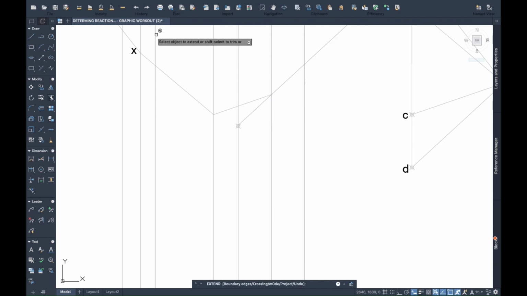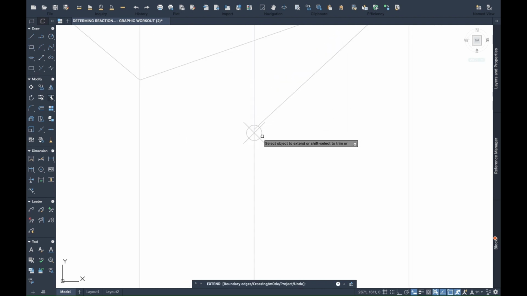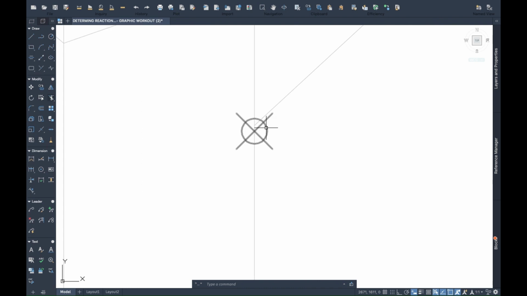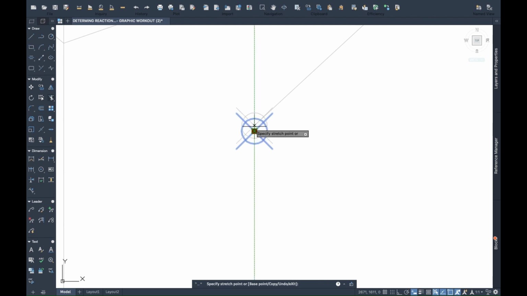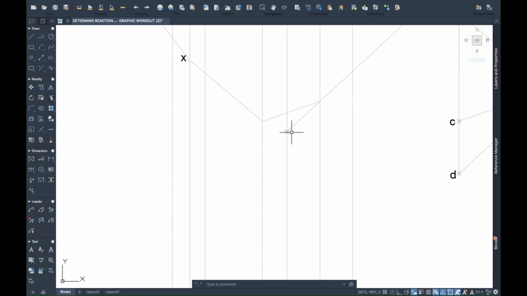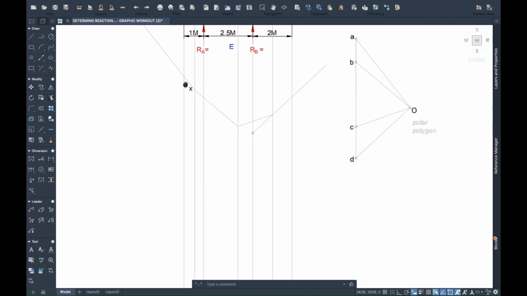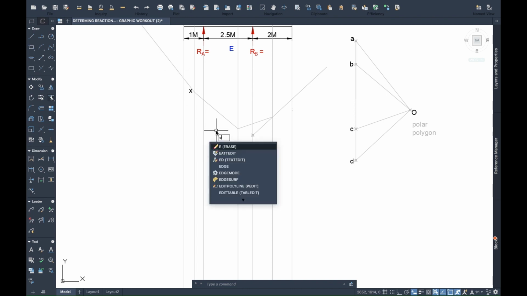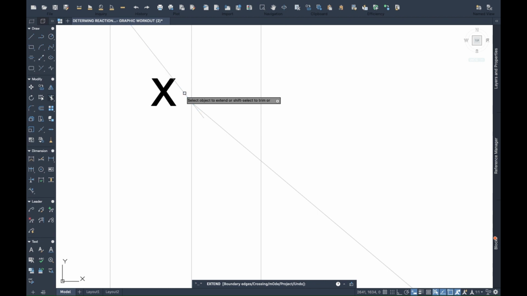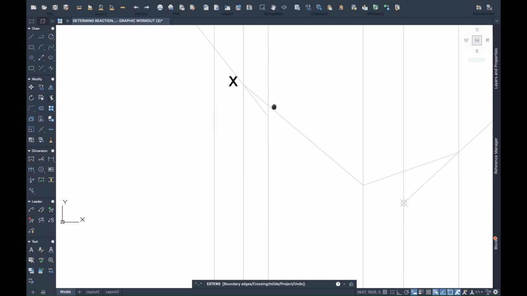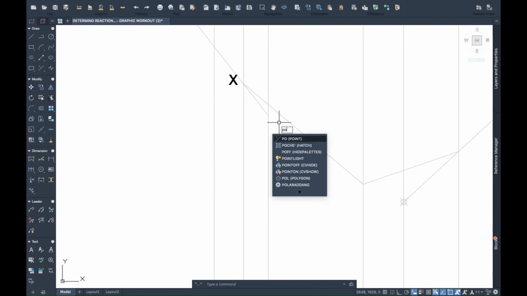Good. So let's move this point right there. All right. And we're now going to extend OA. So we extend OA and we have a point right here.